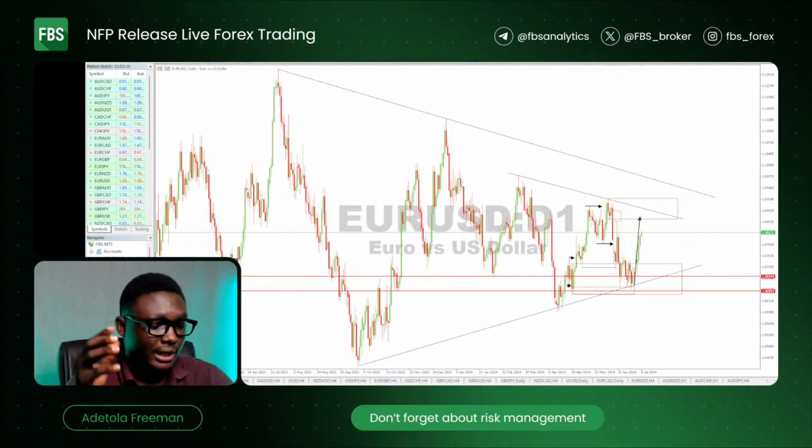And if we see data that comes out lower than 191K, it means we're expecting the dollar to get weaker, which means gold, GU, and the likes are going to continue their bullish movement.